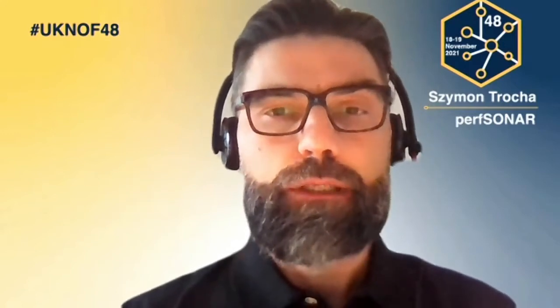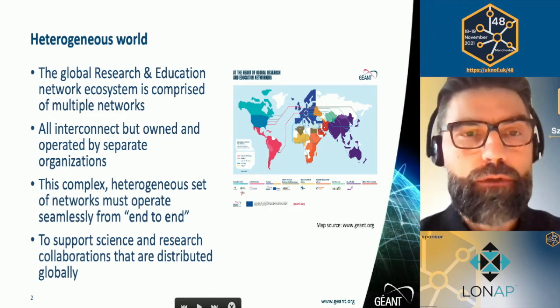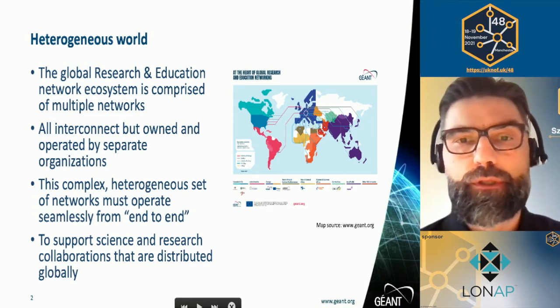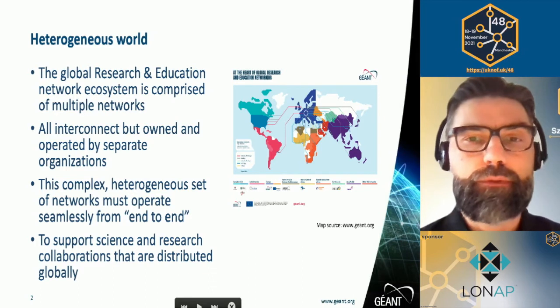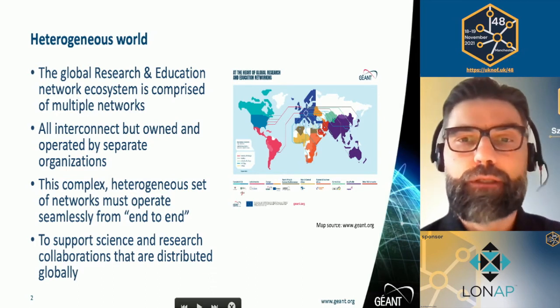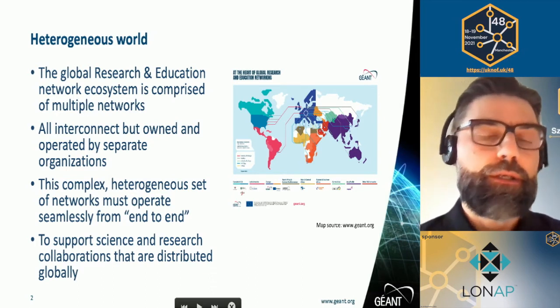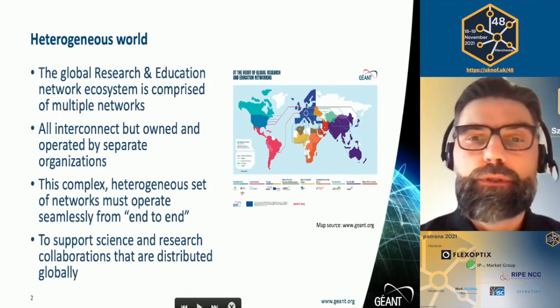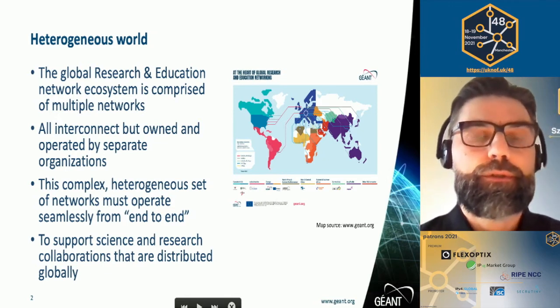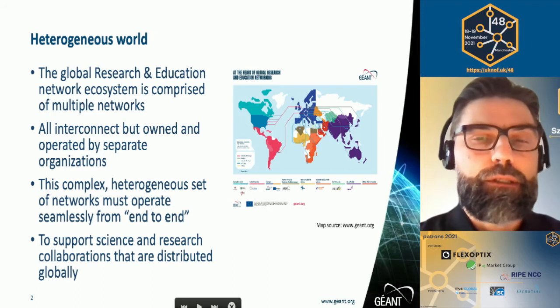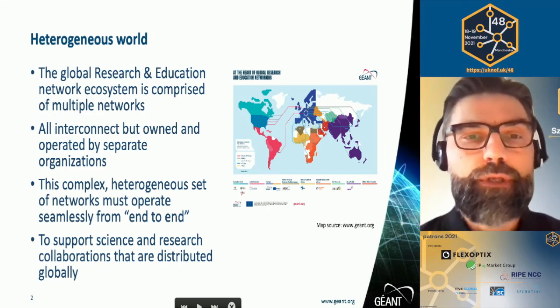So looking at today's global research and education networks, as you can see in an example picture, which in fact shows the interconnections of the GÉANT network that spans not only Europe, but also other continents, in fact, the whole world.